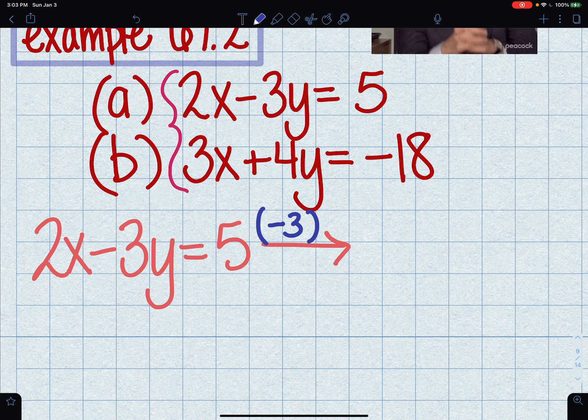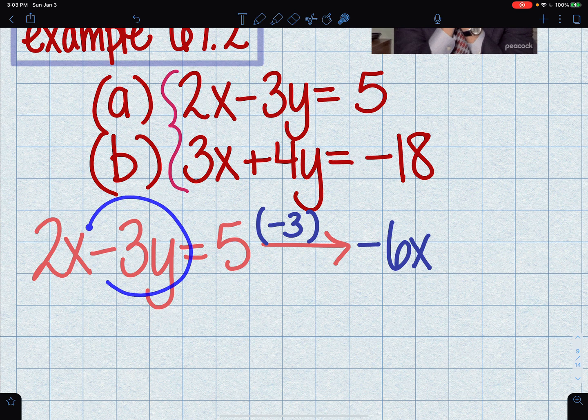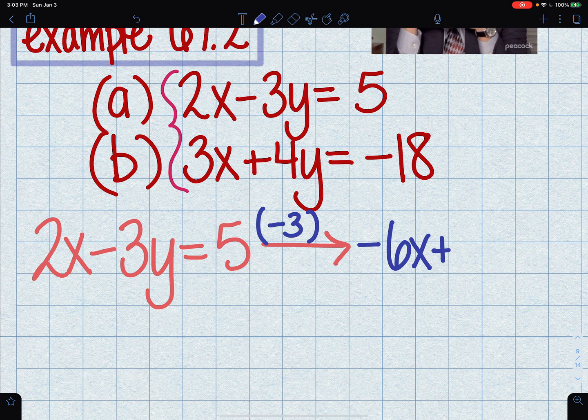But you could choose something else, and that would be fine. If we multiply every single term by -3, starting with 2x times -3, that's -6x. Okay, do the next term. -3y times -3 is going to be positive 9y.